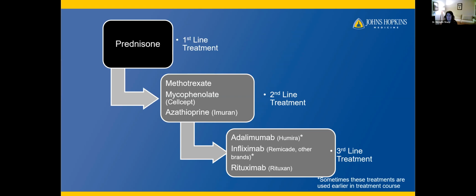And then often if those medications don't work or there's a side effect or intolerance, we would go to third line therapy, which I've listed there. And there are sometimes treatments where maybe the third line therapy would be used earlier. And again, that's just depending on the clinical situation.